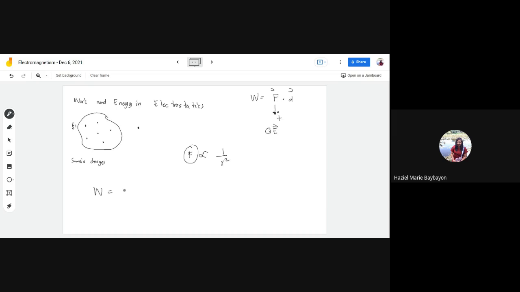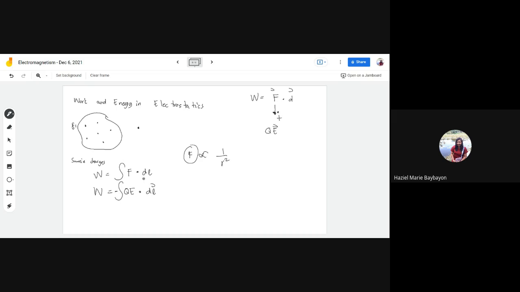So we have Q times the electric field dot with the infinitesimal length dl. Now take note that the force we need is in opposition to the electric force due to this configuration of charge and your charge. So this should be negative. So W is equal to the integral of Q E dot dl, or we start with W equals the integral of F dot dl.